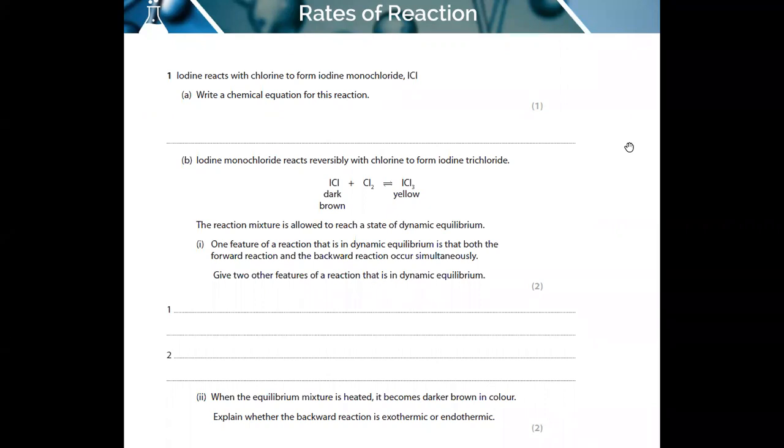Isn't it already balanced? Are you sure?